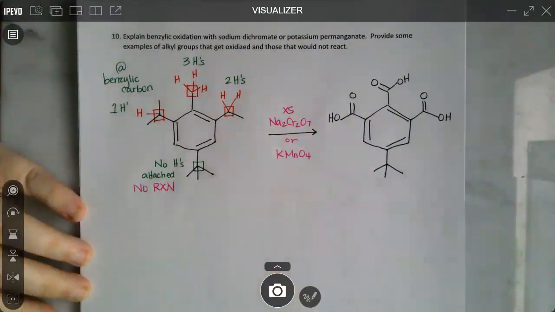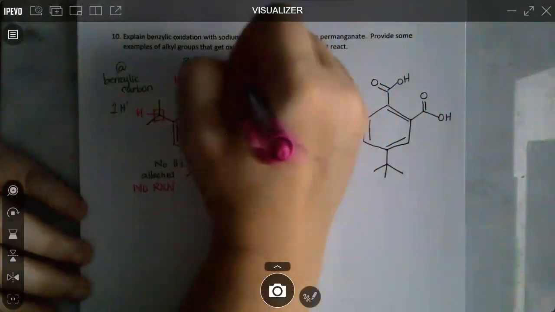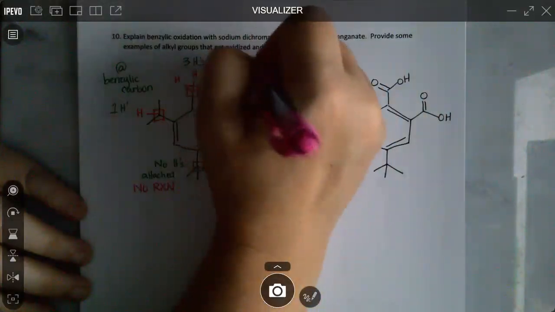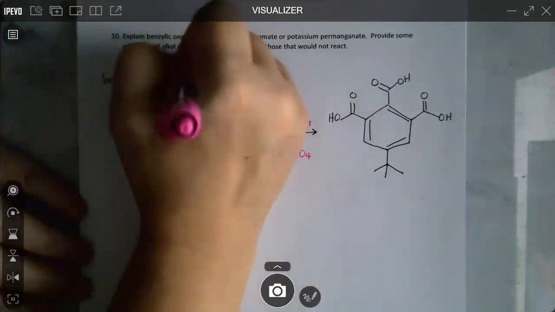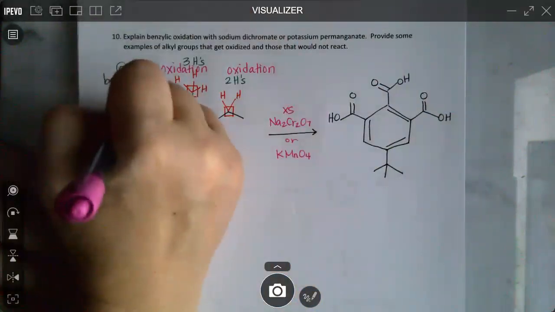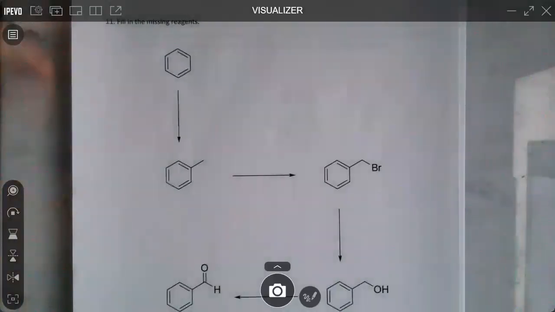Whereas all of these, we have oxidation. Okay, moving on to the next question.